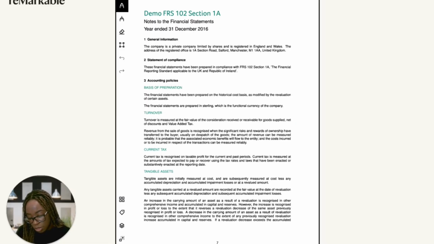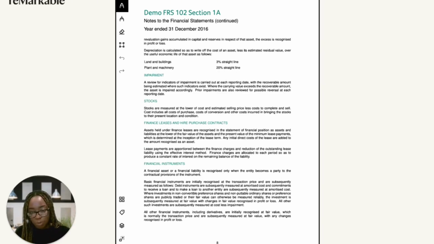So after that, you will see the notes. Really what these are doing is just explaining the policies of the business. So how they define certain things, how they account for certain things. For tangible assets, for example, they're saying how they depreciate or how they claim for depreciation in the business. Are they spreading it over a period of 3 years or 10 years or 5 years? As you can see here, you can see 20% in this instance, meaning they're depreciating over 5 years.